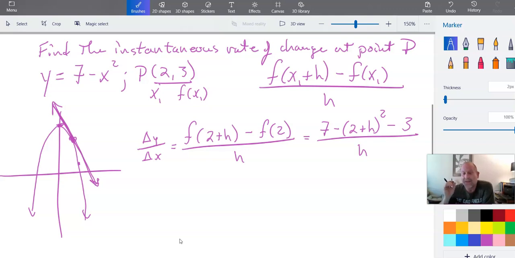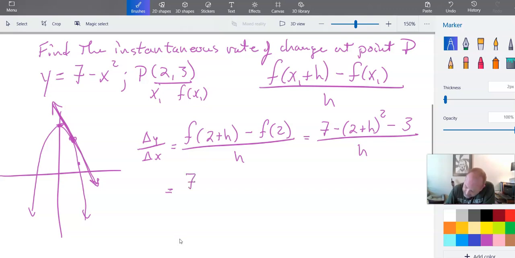This is only working because the only thing you're being given are continuous functions. So there's other cases. Just be aware of that. But for right now, we want to think about it as essentially plugging in 0 for h. The problem is it's going to make us divide by 0, right? So what we need to do is figure out how we can simplify this thing down so I'm not dividing by 0. So we're going to expand this whole thing. So we'll go to the next line here.